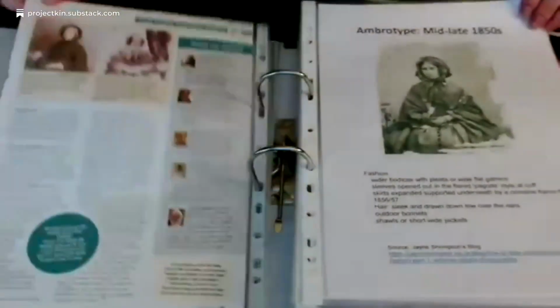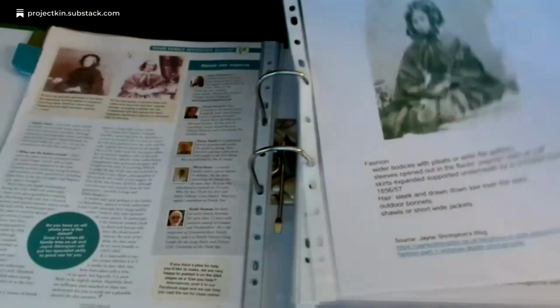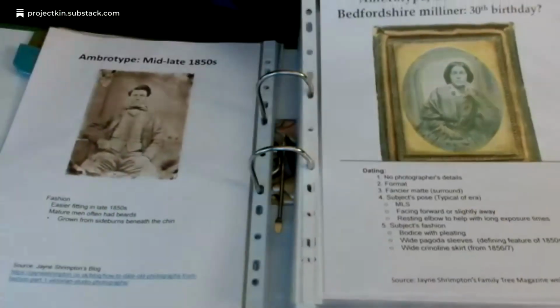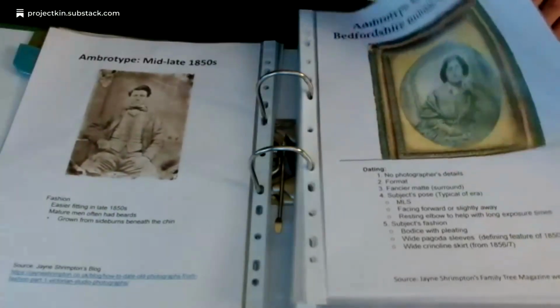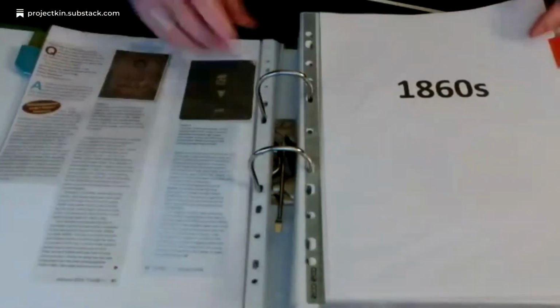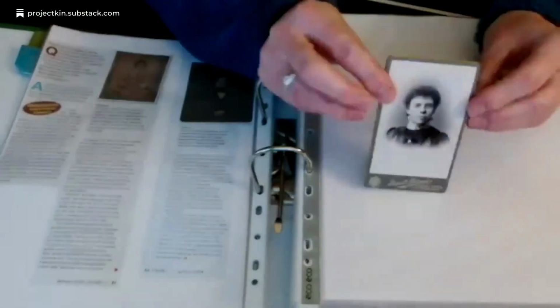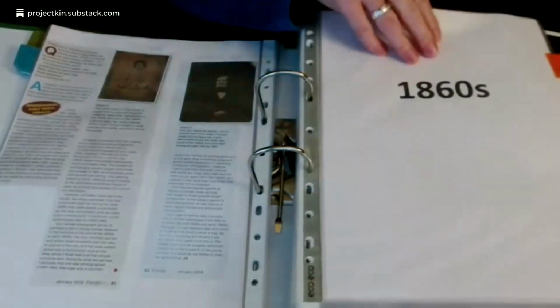So again, magazine articles and lots of dated images that you can compare to fashion styles, hairstyles, all those kinds of things as well. And then within the decades from 1860 onwards, that's really when carte de visite came in. That's these little size cards. So that's typical of them.